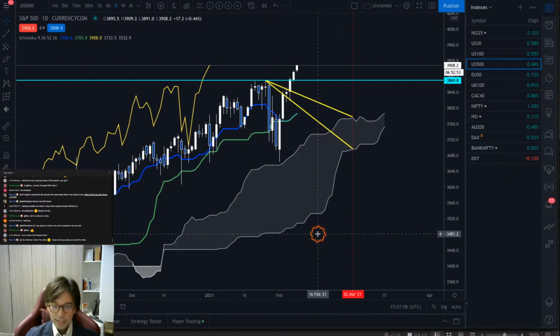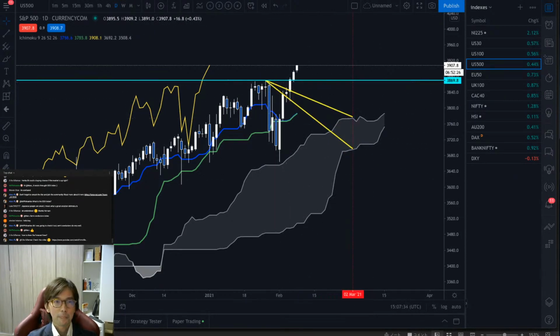Oh yeah, the forecast lines. You just take the swing high and low. I mean, in this case, you take swing highs. So when I drew these forecast lines, this one was the most recent high. So from here, you take one line to the Kumo at that time, and another one to the Kumo at that time.